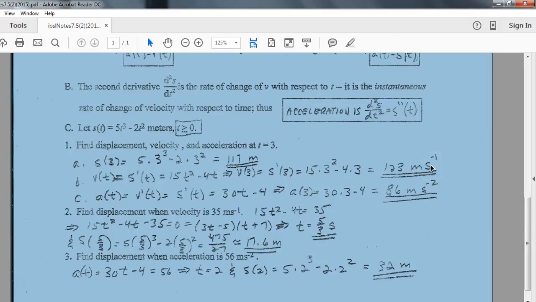So for the third part of this, for acceleration, now they're asking for the rate of change of velocity. So if I do another derivative and get right down to here, 30t minus 4, and you can see this is the derivative of velocity, which is also to say this is the second derivative of our position function that we started with.